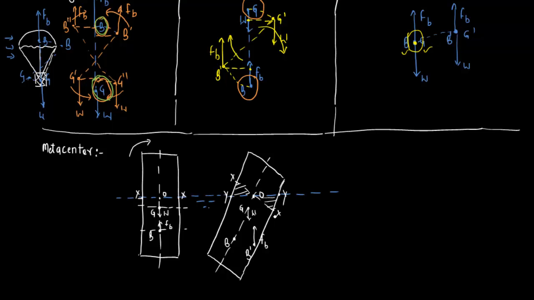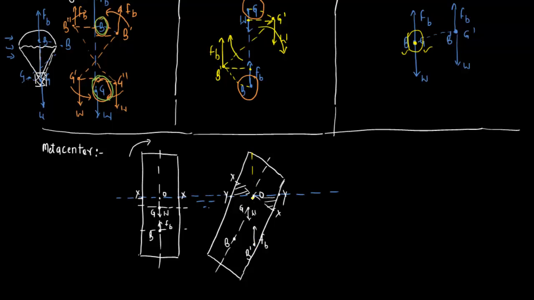So the weight of fluid displaced by this body after this disturbance will also be equal to the weight of fluid displaced by this body before the displacement, because the volume in both cases is the same. The volume of body coming out from the fluid and the volume of body going into the fluid are the same, so the buoyant force in both cases remains the same. But here the line of action of this new buoyant force is going to change.